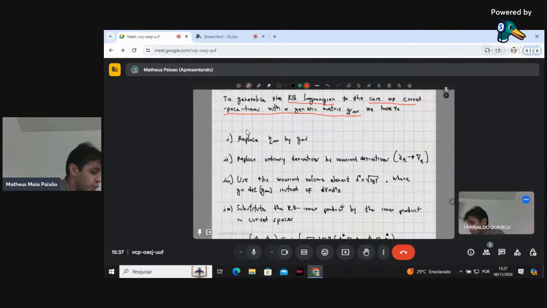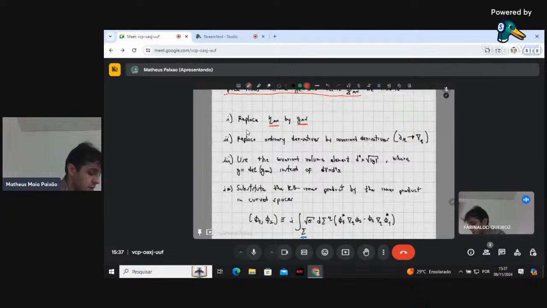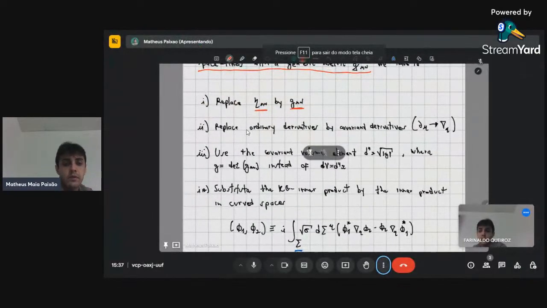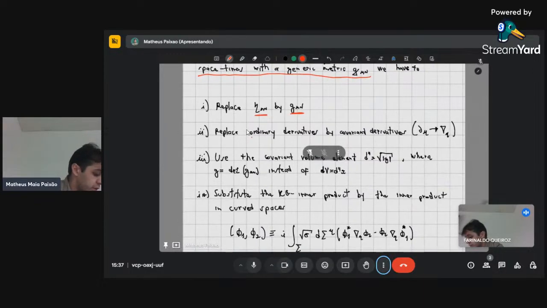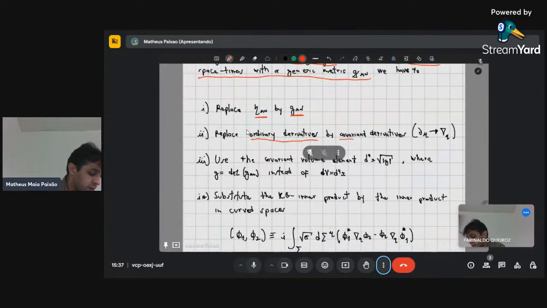In order to do that, we need to replace the Minkowski metric by the metric g, replace the ordinary derivatives by covariant derivatives, and replace the volume element in Minkowski space with the covariant volume element, which has this square root of the determinant of the metric, where g is the determinant of the metric.